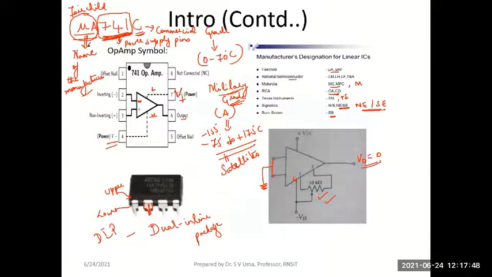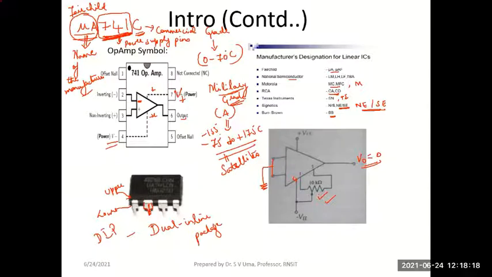I told you about the naming convention, how the first two letters in any IC name indicate the initials of the manufacturing company. So Fairchild has initials mu A, mu AF, National Semiconductor uses letters LM, LH, LF, TBA, and so on. And the number is usually not relevant, or not always significant.